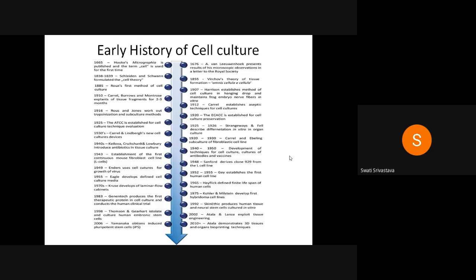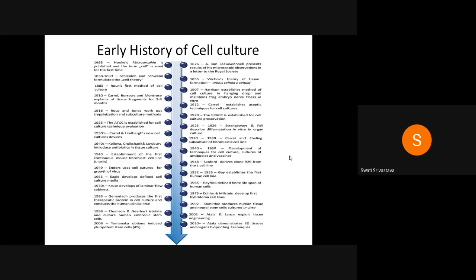Then new culture devices were developed by Carrel and Lindbergh in the 1930s. Then the introduction of antibiotics was done in the 1940s. Then the first mouse fibroblast cell line was established, that is L cells, in 1943, and so forth.